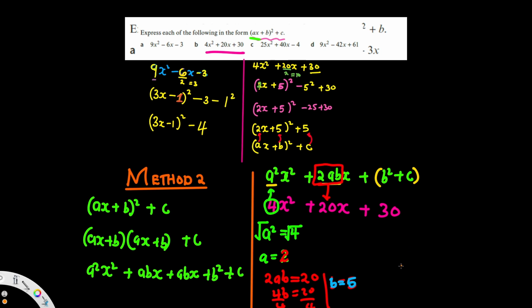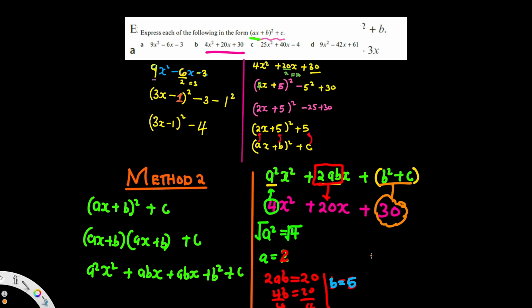So now that we have the value of b, we can now find c, because this b squared plus c is corresponding to this particular term here.